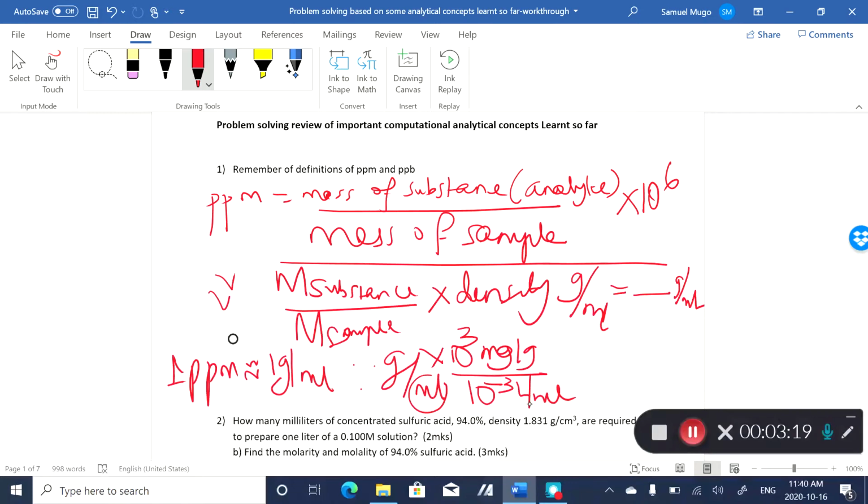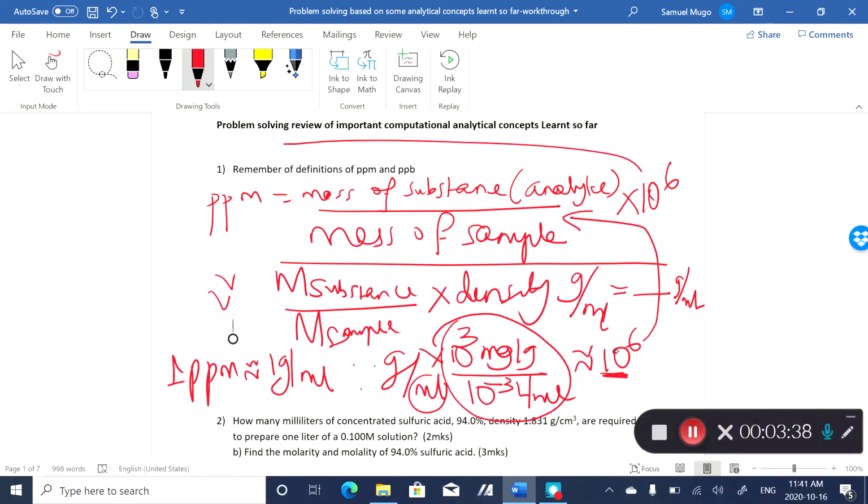And so in the end, you can see this becomes about 10 to power 6. If you take 1,000 and divide by 0.001, it becomes 10 to power 6. And actually, that's how we get this relationship.